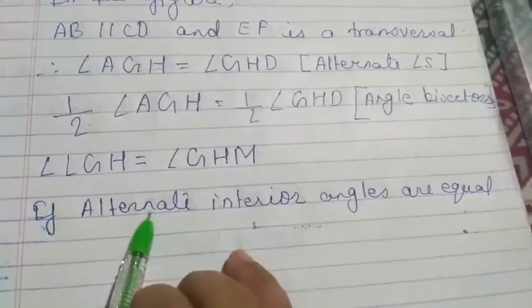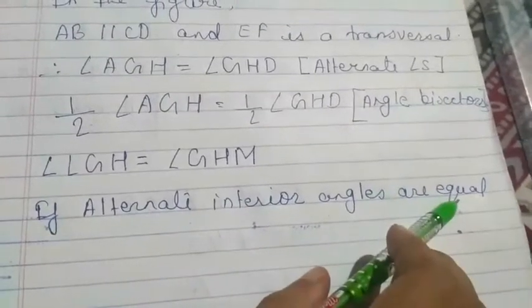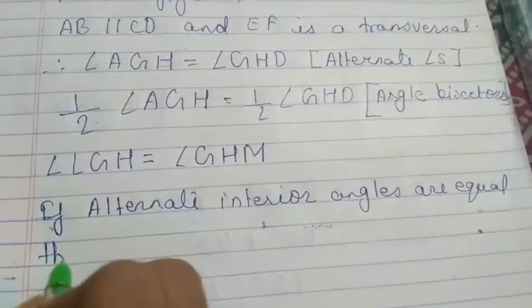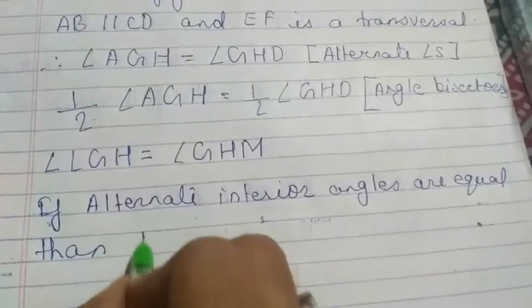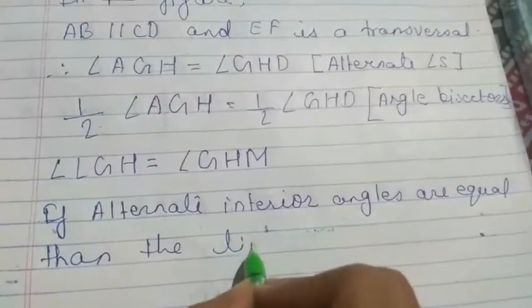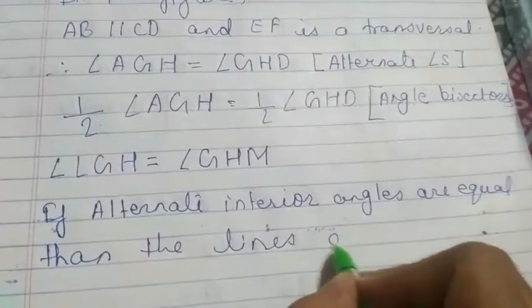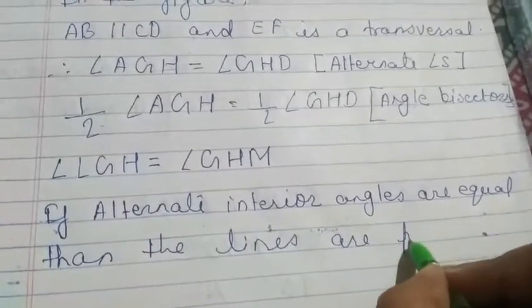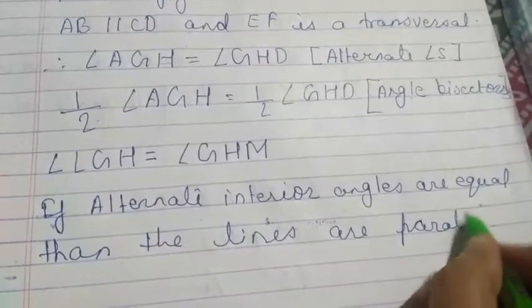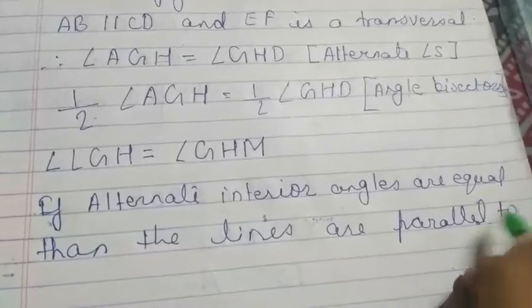So if alternate interior angles are equal, then what? Then the lines are parallel to each other.